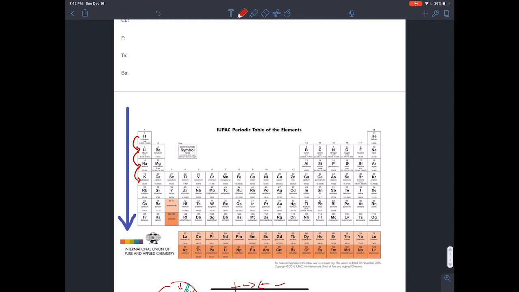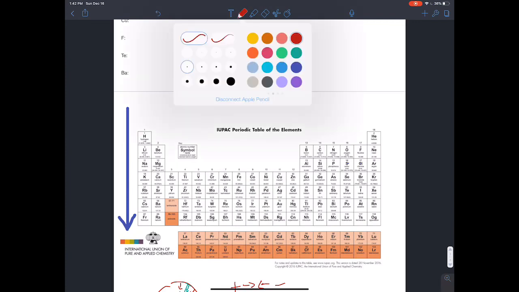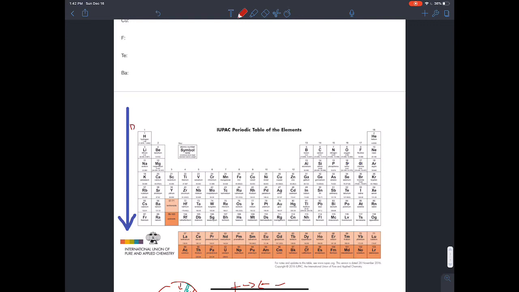Electronegativity. As you go down, let's talk about this the same way I did last time. So let's say that this line is representing decreasing this time. So as you go down, the electronegativity is decreasing because electronegativity is the ability of the nucleus to attract outside atoms.